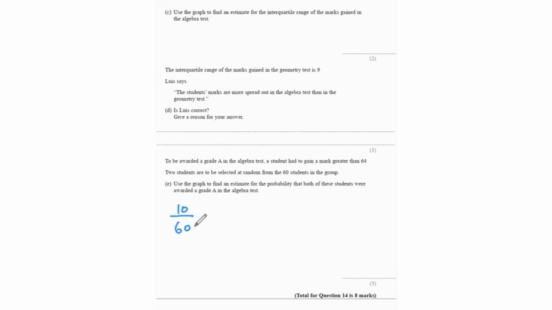That's the probability of one student getting an A. Then 9 out of 59. Why 9 out of 59? Because one student is already selected and he's getting an A. So now there's one less student in the total number of students and one less student in the students who are going to get an A. So 10 over 60 times 9 over 59, which is going to equal 3 over 118.